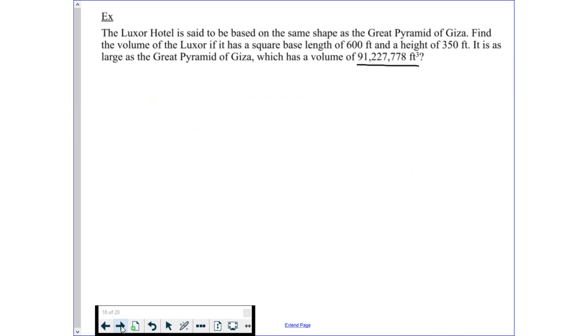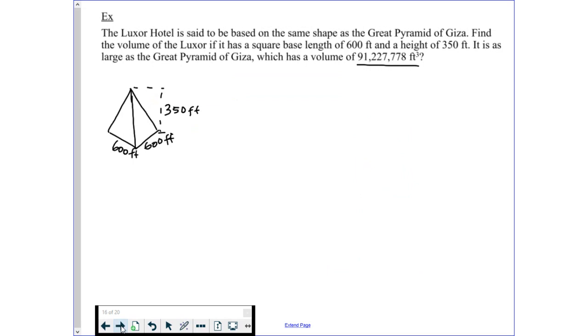So let's say this is the pyramid. You have 600 by 600, and the height here is 300 feet. So find the volume here and compare it to the original pyramid.